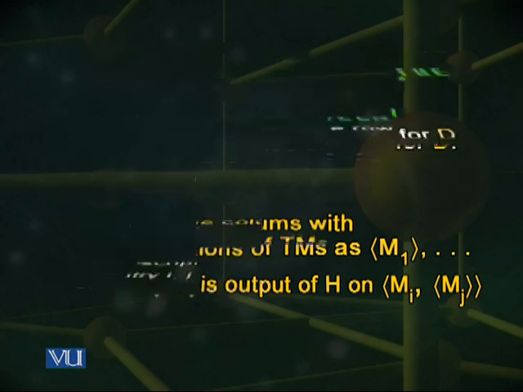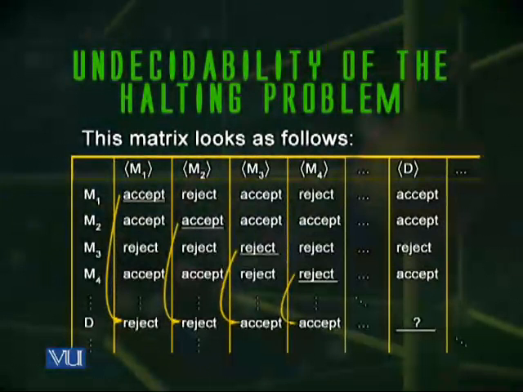So we look at the diagonal of the H matrix and flip the diagonal entries in order to get the row for D. Now, if D happens to be a bona fide Turing machine, then it would be labeling one of the rows. Let's look at this row a bit more carefully. The first element of this row is reject because M1 accepts its own description.